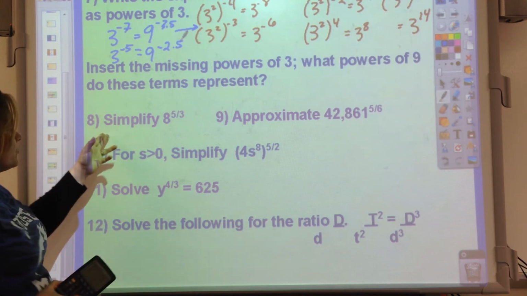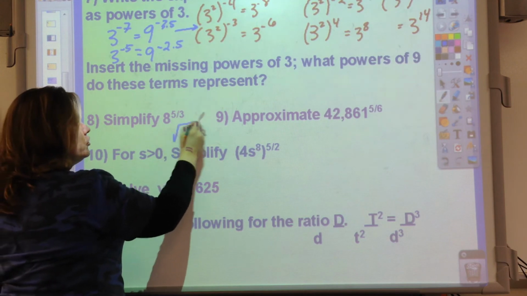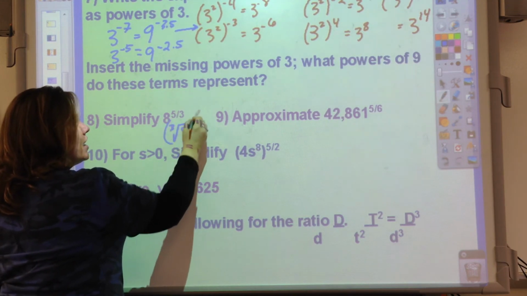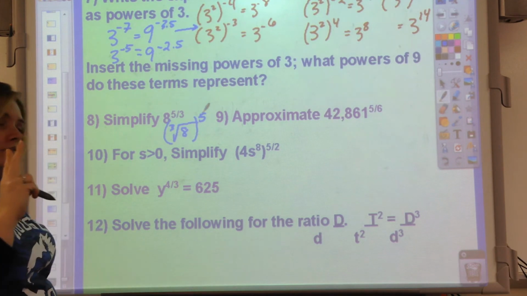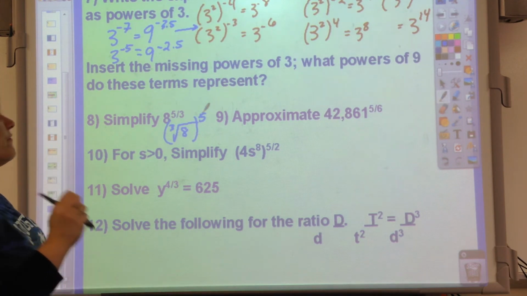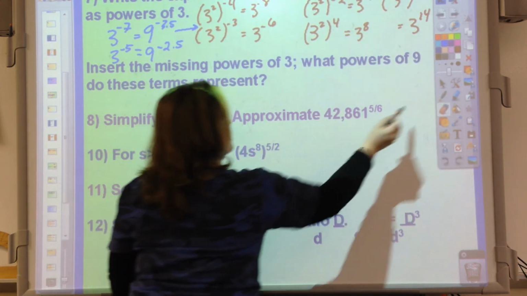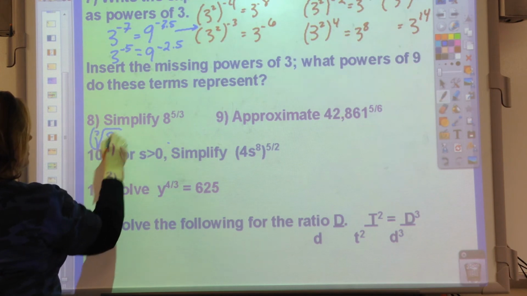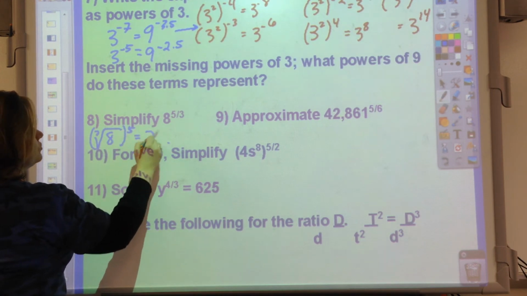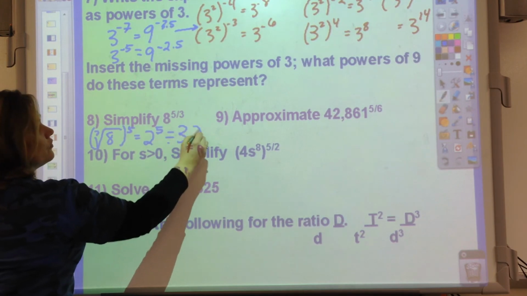All right, if we're going to simplify this radical here, we're going to start with the cube root of 8 and raise it to the power of 5. The cube root of 8 is 2, raised to the power of 5, would equal 32.